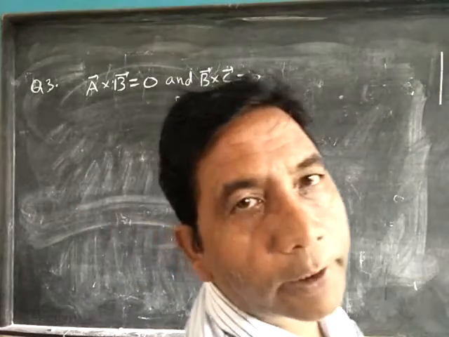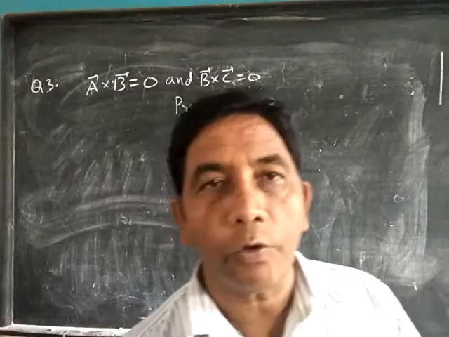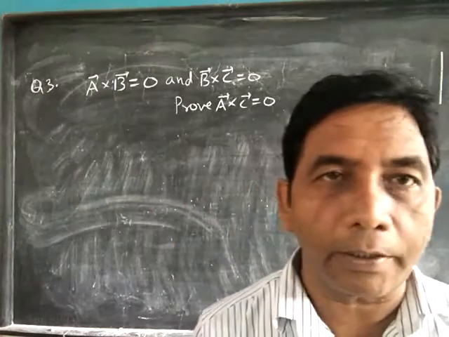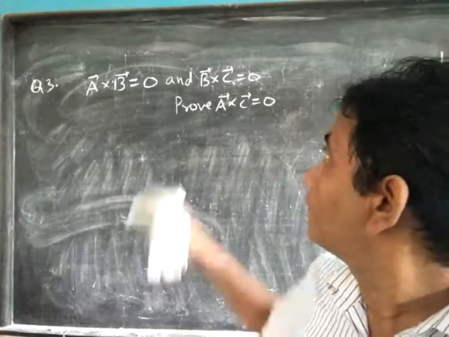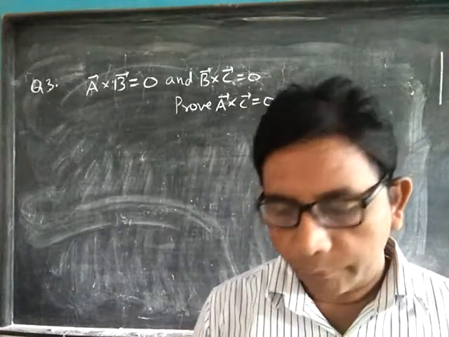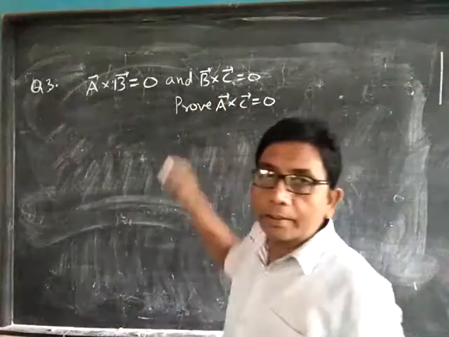Now we know that if vector A cross vector B is equal to 0, then it denotes vector A is parallel to vector B. Similarly, vector B cross vector C is equal to 0. This indicates vector B is parallel to vector C.